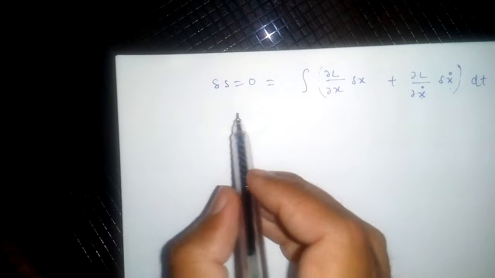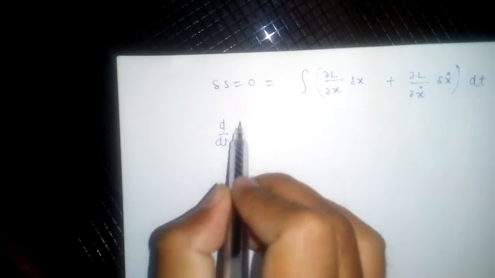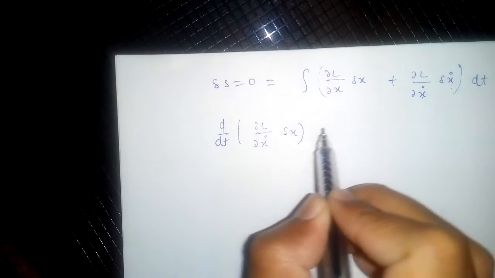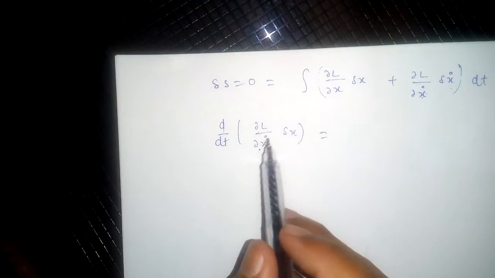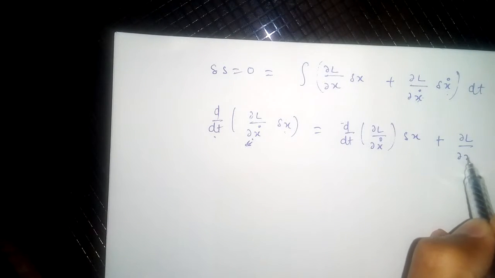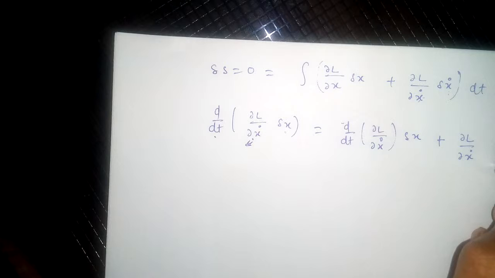Let's say d by dt of del L upon del x times delta x. What will it be? The first derivative of this with respect to t, and then d by dt of this remains the same, plus del L upon del x dot times d by dt of delta x.